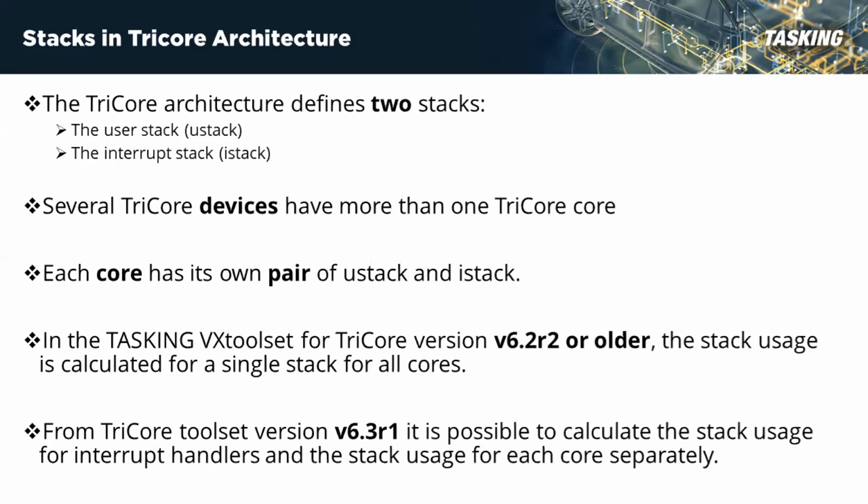But if you use the most updated version of the Tasking toolset, which is version 6.3 R1, you will be able to calculate the stack usage for every core separately. That means you will be able to measure the user stack and the interrupt stack for every core aside from the other core.